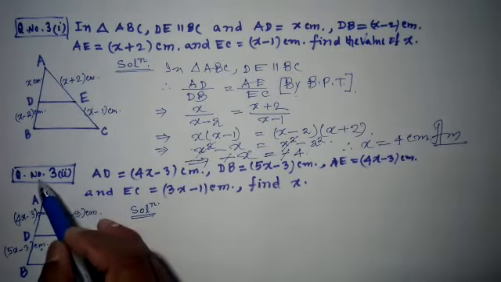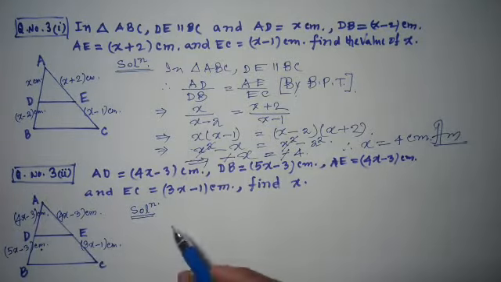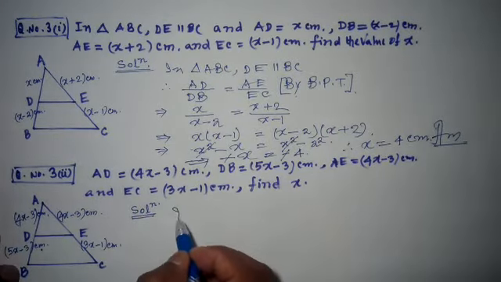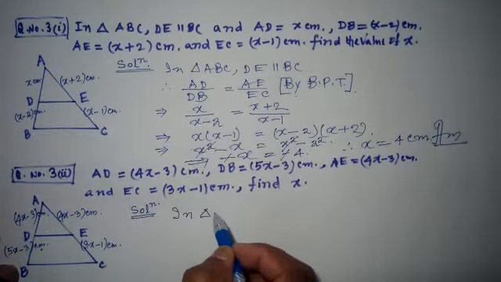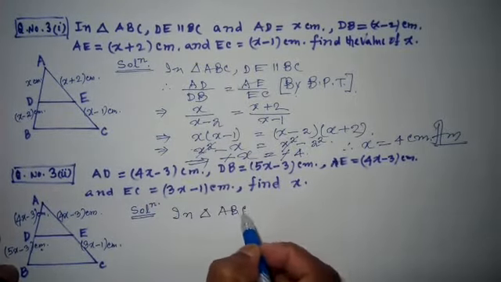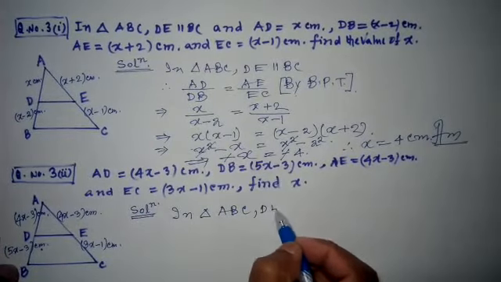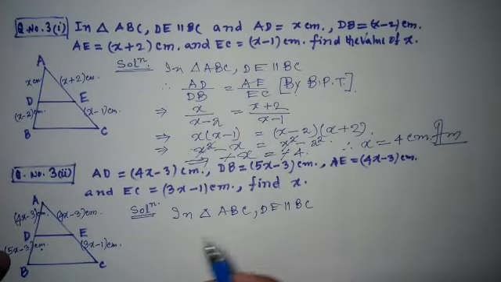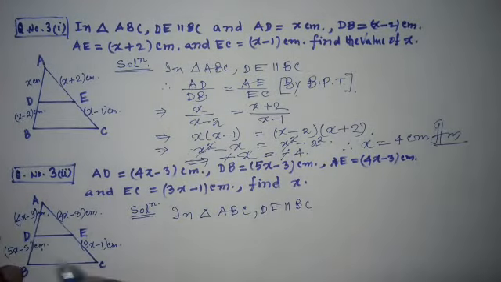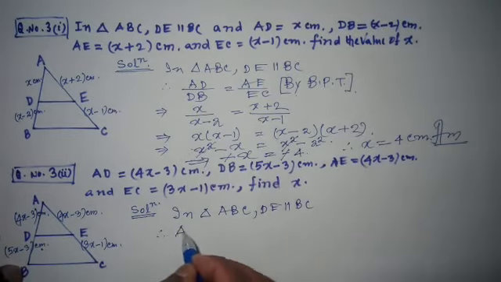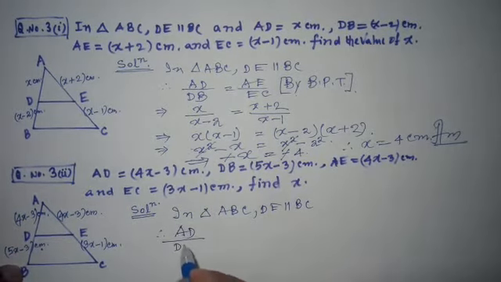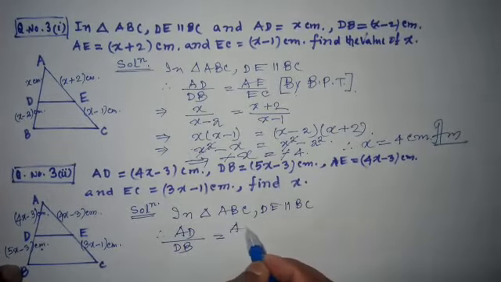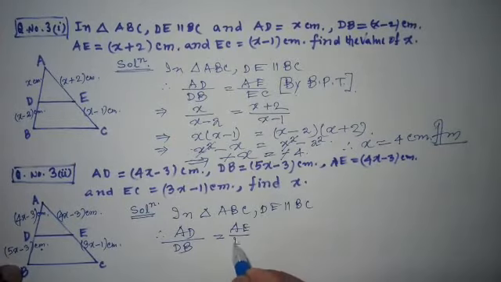Look the question number 3-2 in the same way. Same way, the sum will be little lengthy. So we write the same in triangle ABC, DE parallel to BC. So according to basic proportionality theorem, we can write therefore AD by DB is equal AE by EC.